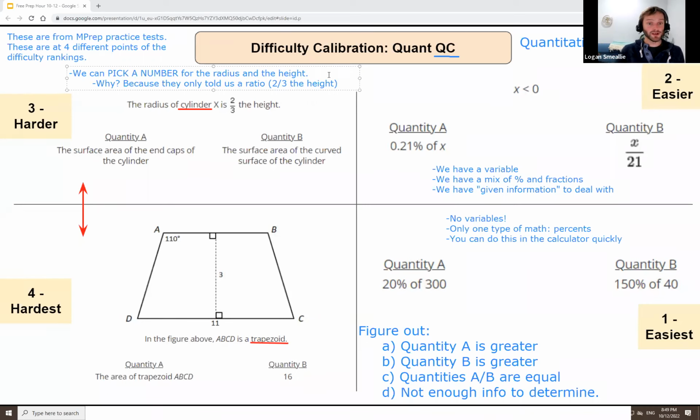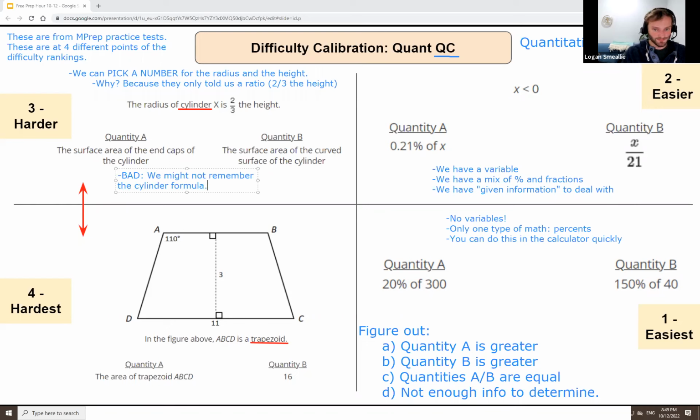So here, if I were to summarize, what's working against us is that we might not remember the cylinder formula for surface area of the caps or of the curved surface. But what's good?